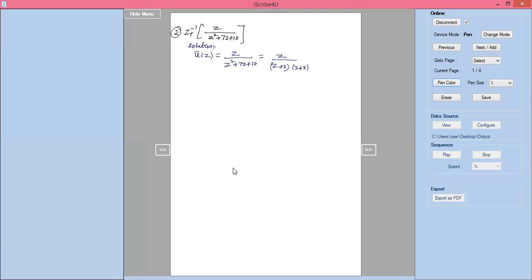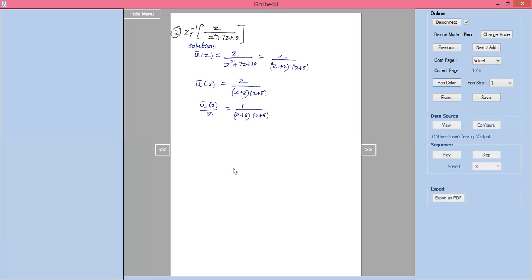Now I can write u bar of z equal to z divided by (z plus 2)(z plus 5). Now u bar of z divided by z equal to 1 divided by (z plus 2)(z plus 5).